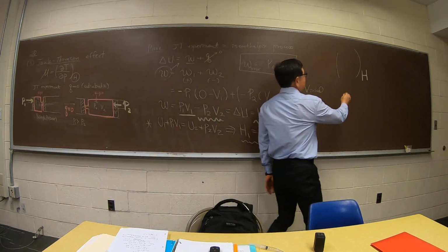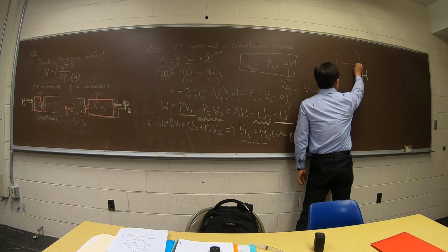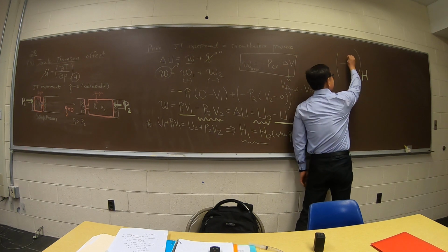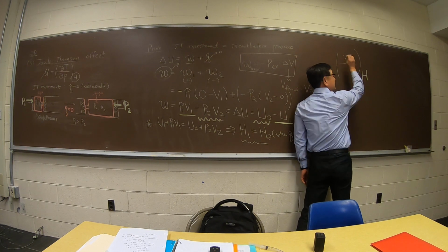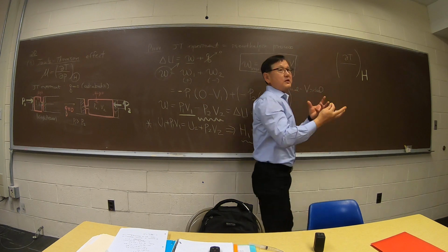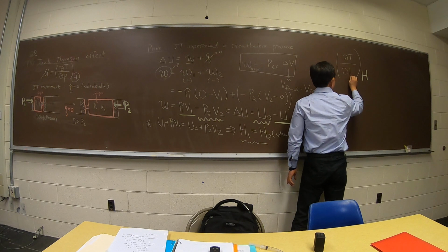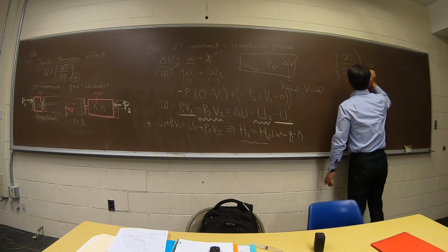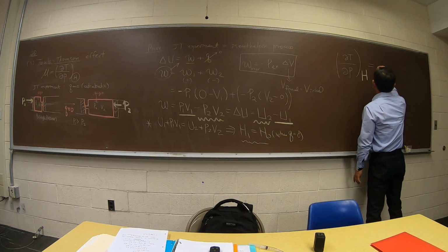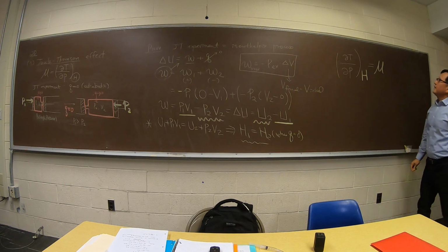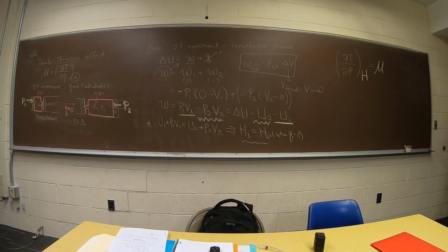And then I have to put something, what do you want to know? You want to know temperature change, right? And what do you kind of manipulate? You want to have a different pressure contrast. So this is what they say, okay, this is something that is defined, and Joule-Thomson says, let's call it mu, and this is the Joule-Thomson experiment.